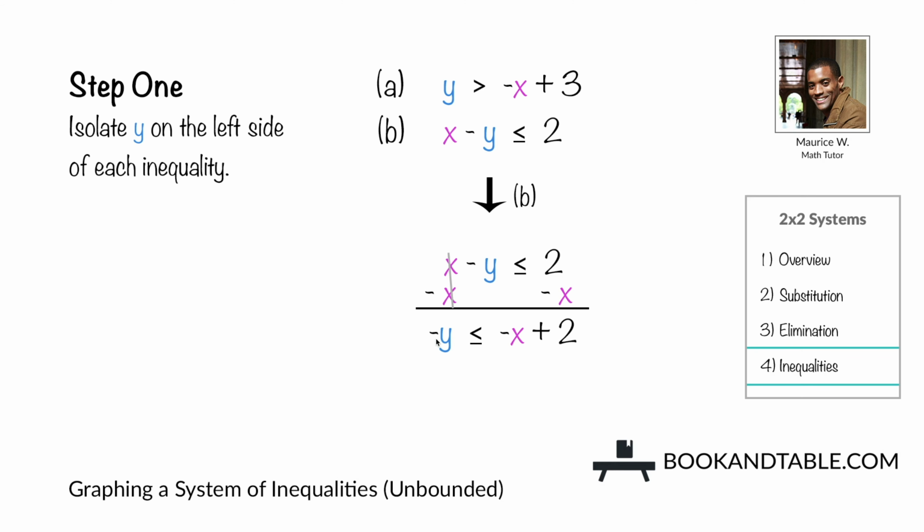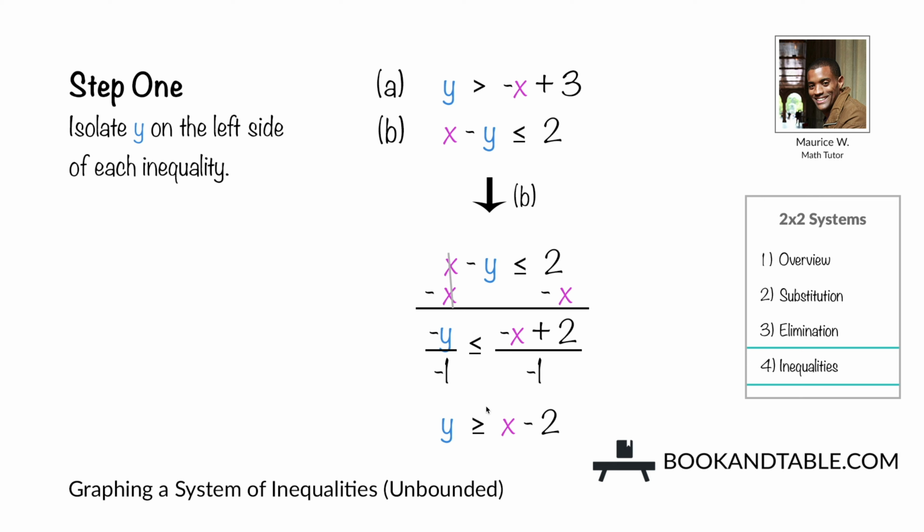And now to negate the coefficient -1, you'll want to divide both sides by -1. When you divide or multiply both sides of an inequality by a negative number, you'll want to reverse the inequality. So we switch it from less than to greater than. When we divide both sides by -1, we get -y divided by -1 is y.